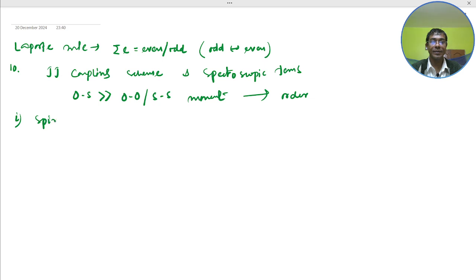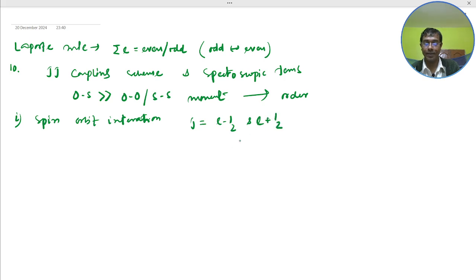that spin orbit interaction, basically J equals L minus half and L plus half, and this one is the lowest energy.